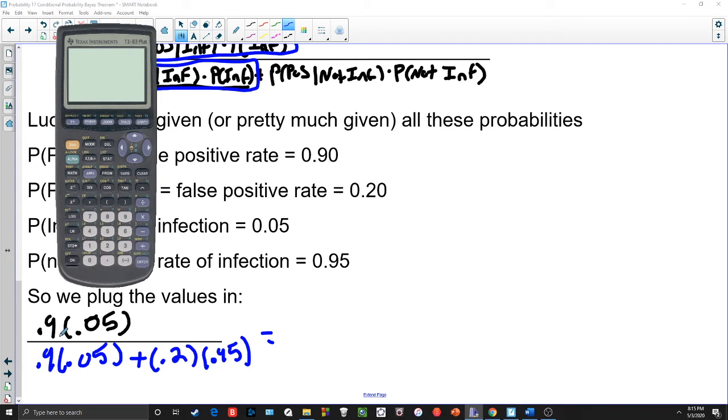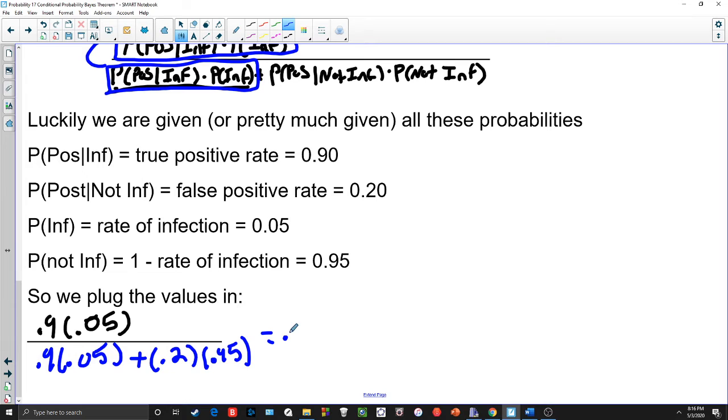If we plug this big fraction in, 0.9 times 0.05 divided by, in double parentheses, 0.9 times 0.05, which is what I had before, plus 0.2 times 0.95, we get about 0.19, or about 19%.